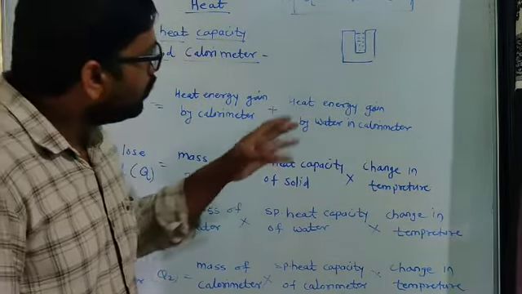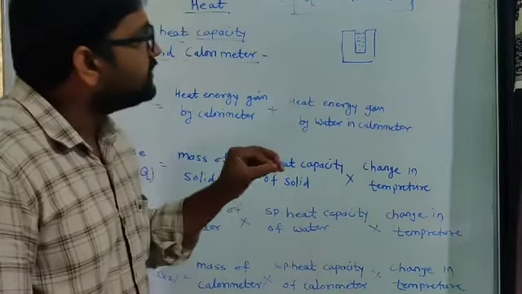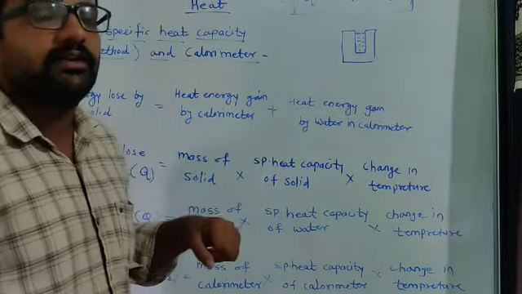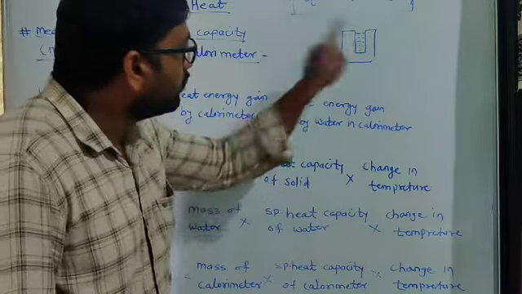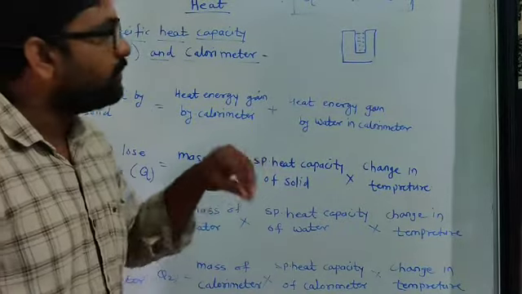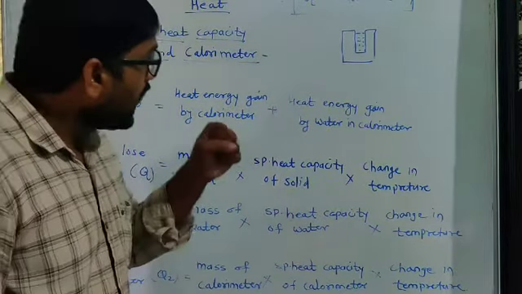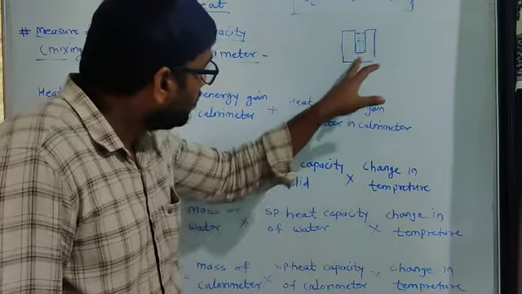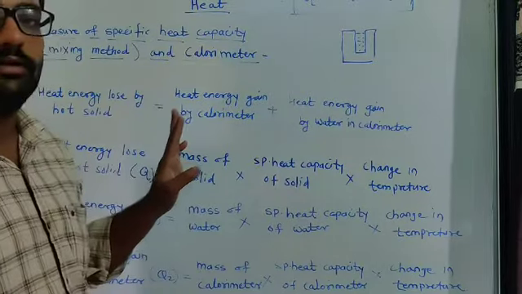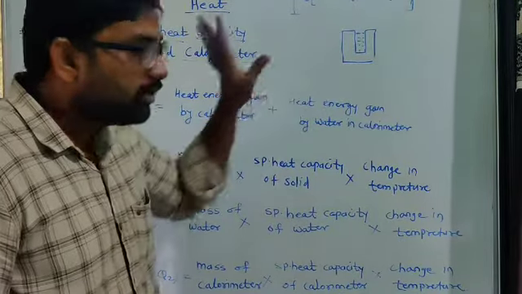Okay, so heat exchange takes place from the hot object to this water first. Some heat will be absorbed by this water and the remaining heat is absorbed by the body of this calorimeter.